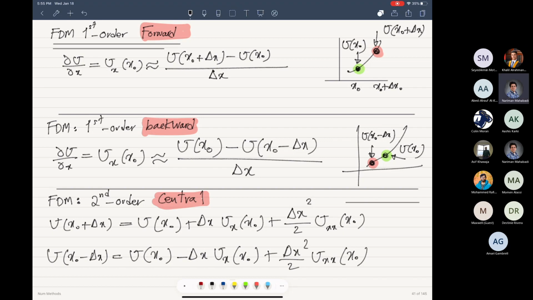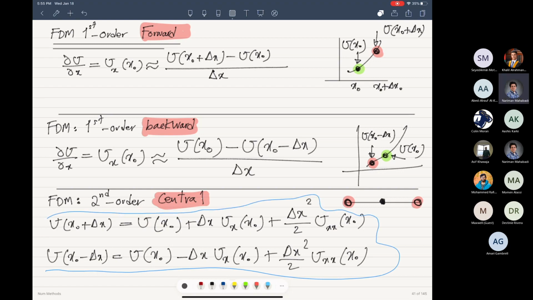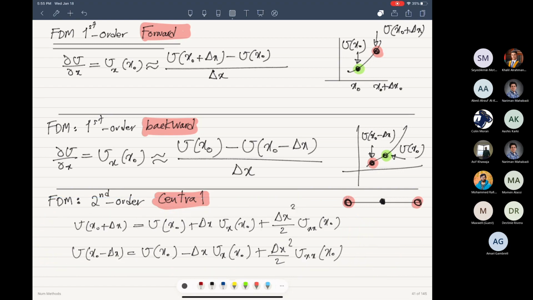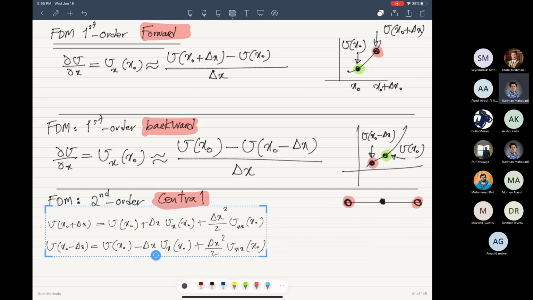So let's say this is your grid, and you're trying to find your unknown function at this point. You're trying to use both these forward and backward points. The first term here is using the Taylor series for the forward and the second one for the backward. And now we can actually do a trick. Let me show you. We're going to combine these two.